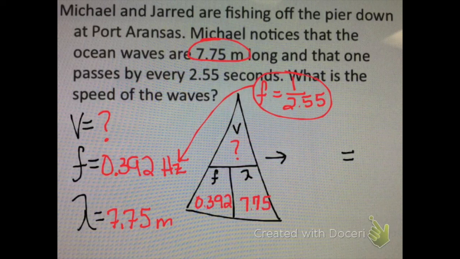Okay, so you got the triangle filled out, and that means that we're actually going to be multiplying frequency times lambda. So this is the way the equation would be set up: v is equal to f lambda. That's like our original equation. And when you multiply all that out, you end up with a velocity of 3.04 meters per second.